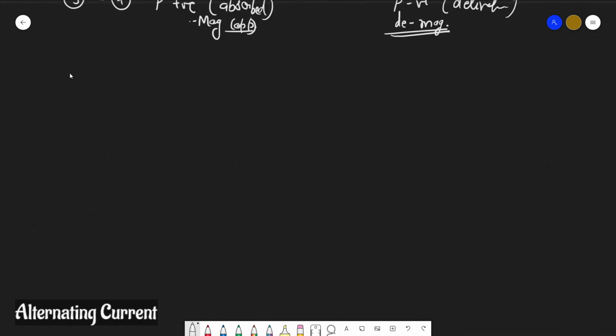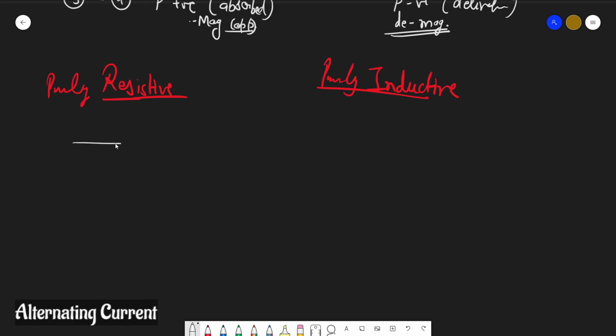So today we have two conclusions. This inductive circuit we can write in a comparative form. Suppose I discussed the resistive circuit, and this is inductive. Purely resistive and purely inductive circuits we have discussed. So let us write the points. In a resistive circuit, voltage and current are always in phase.